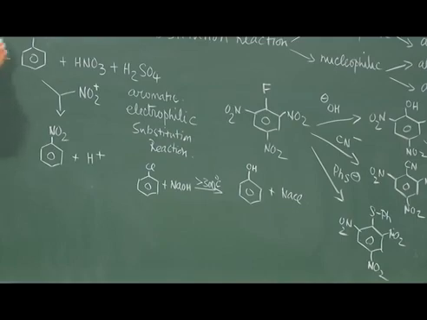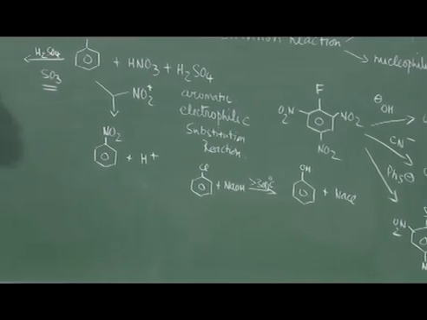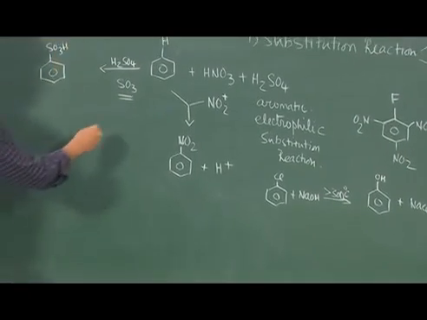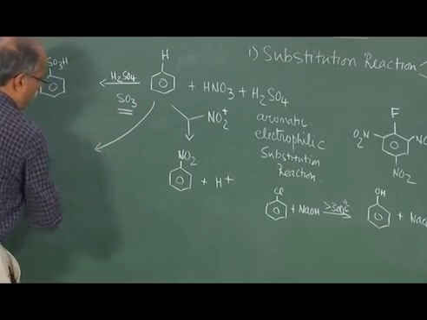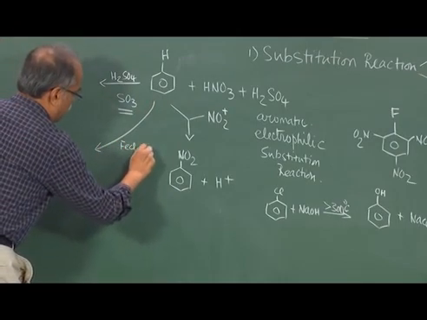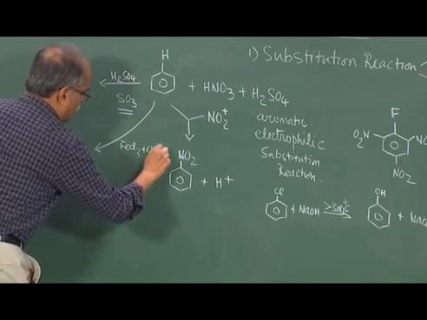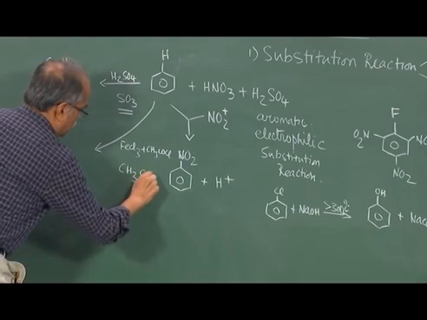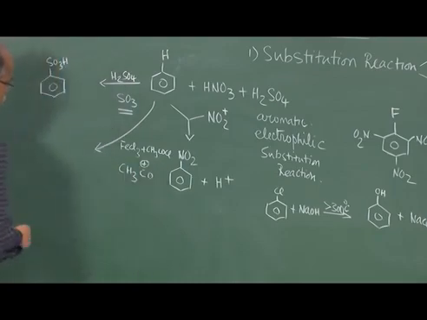In this particular case SO3 is the electrophile, producing a sulfonic acid derivative, for example. If you use ferric chloride and acetyl chloride, the electrophile that is generated is the CO plus.